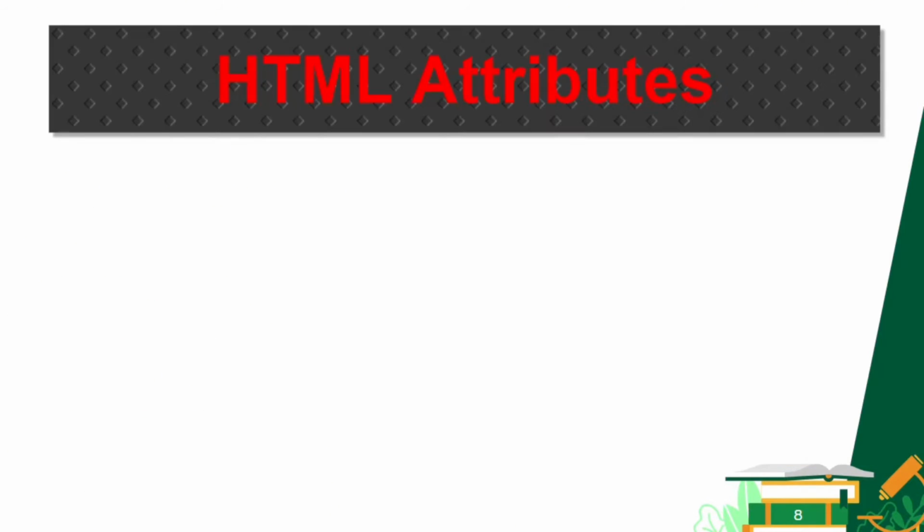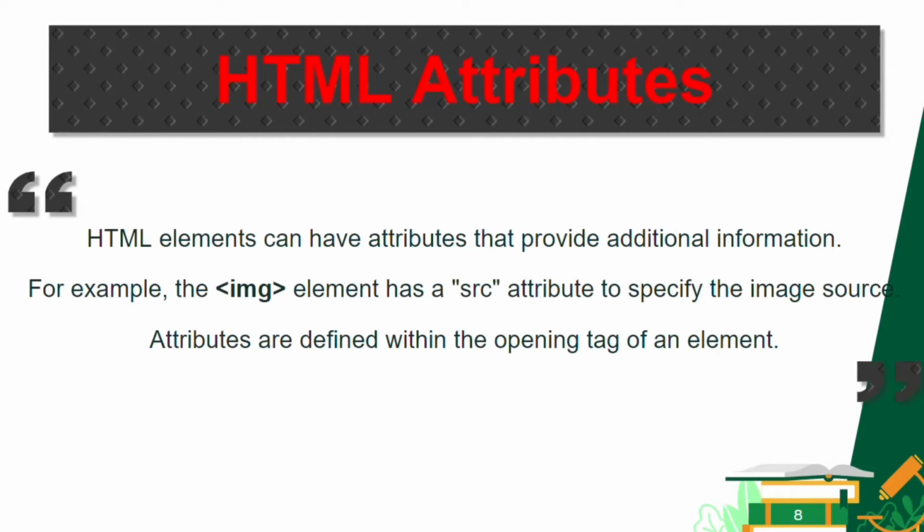Now, I'm gonna talk about HTML attributes. HTML elements can have attributes that provide additional information. For example, if we use the image element, it has a src. Actually, it's used to define the source.